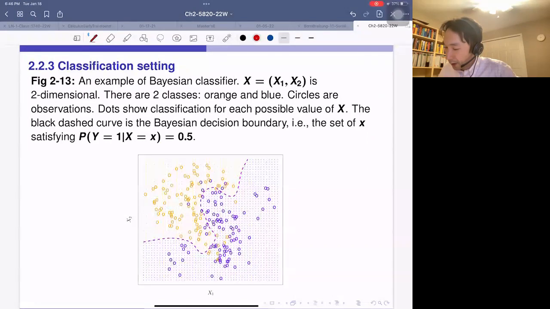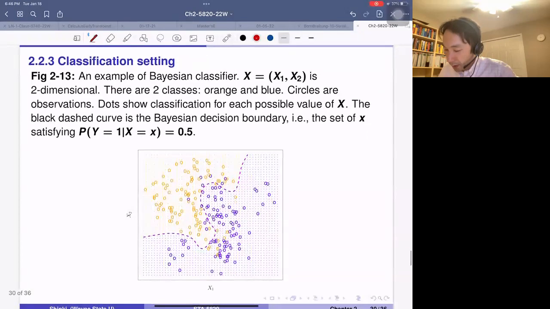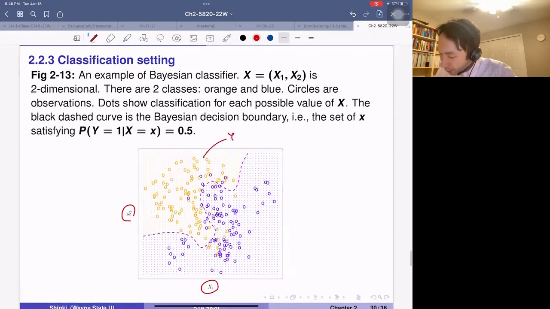We don't have a really concrete example here, but suppose we have some categorization problem with two predictors, x1 and x2. The y value is 1 if the circle is purple, and the y value is 0 if the circle is orange.